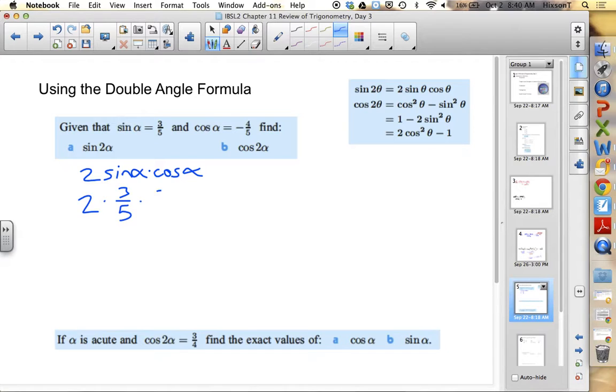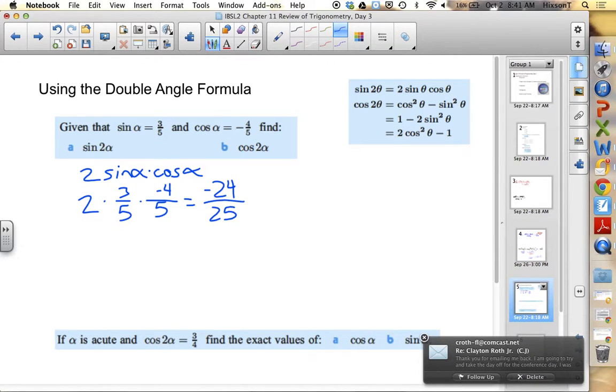Cosine of alpha is a negative 4/5. So we get a negative 24/25. Alright, does this make sense?